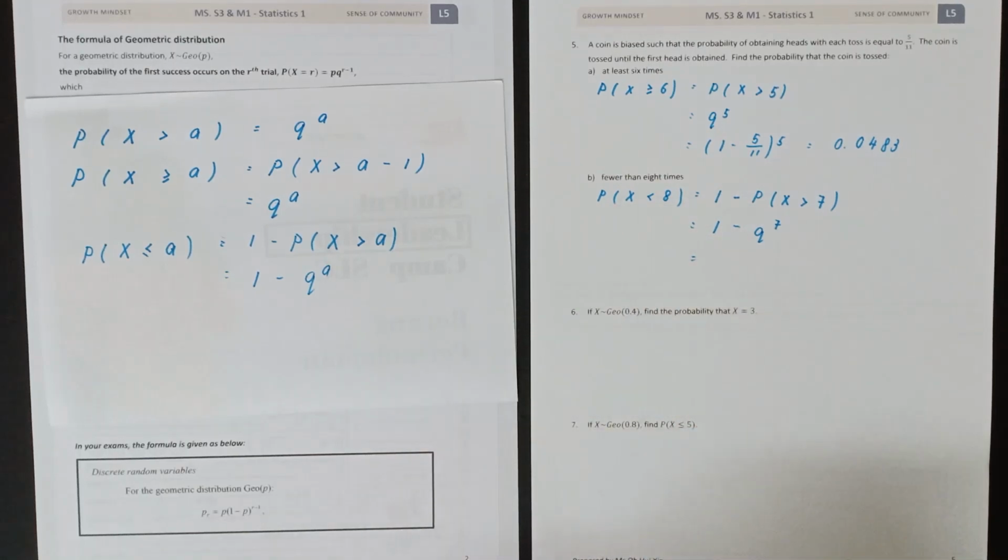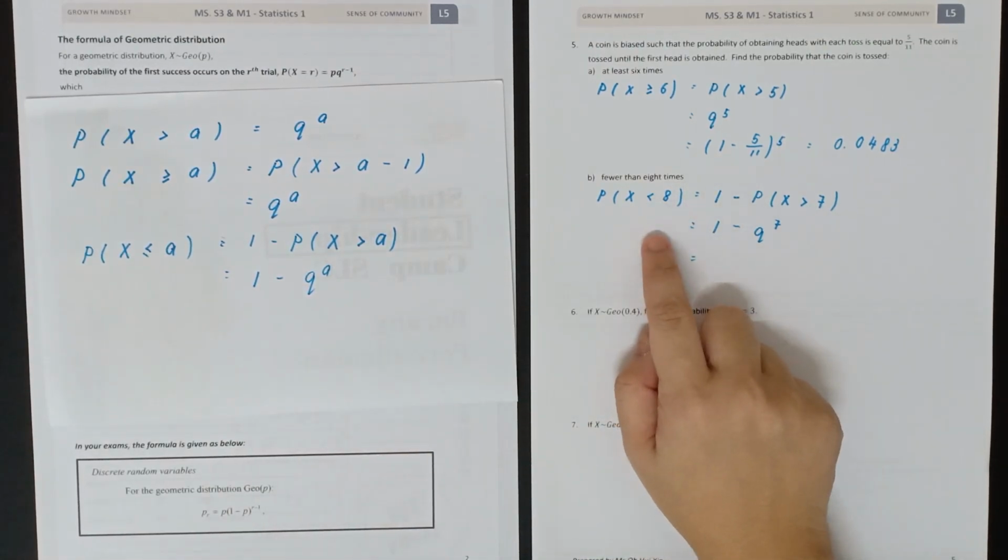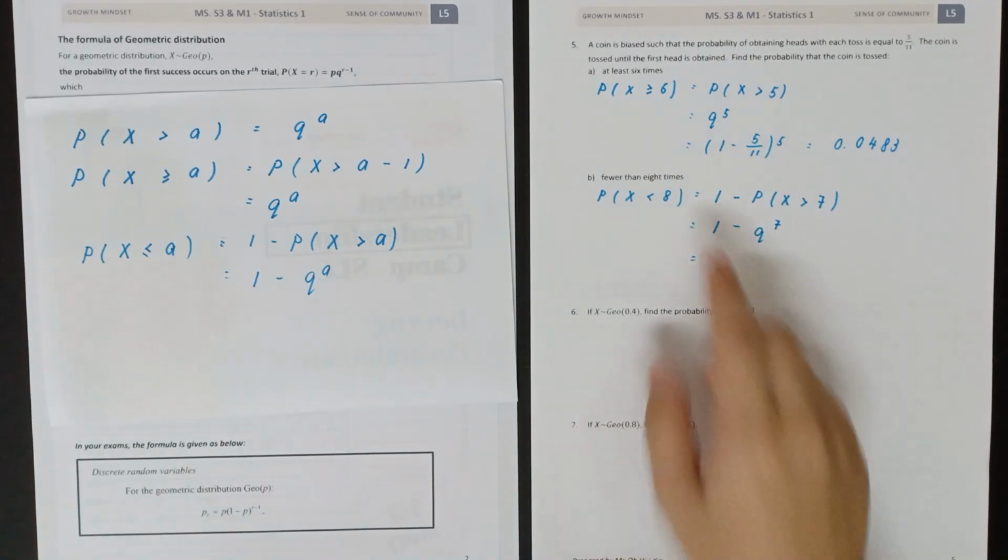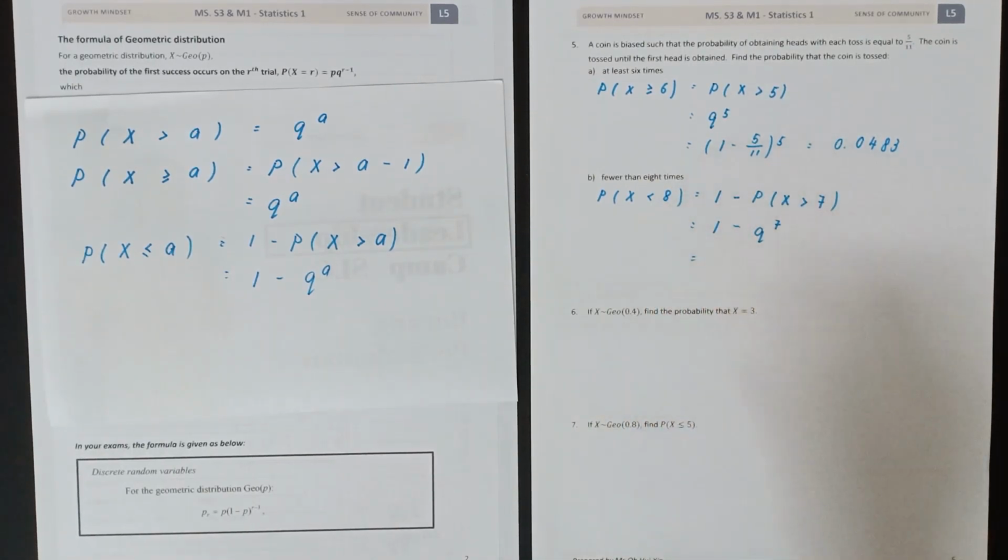Because when you fail 7 times, then you cannot get the number of trials needed for your first success to be smaller than 8. So what cannot be accepted in this question is getting 7 times of failure.